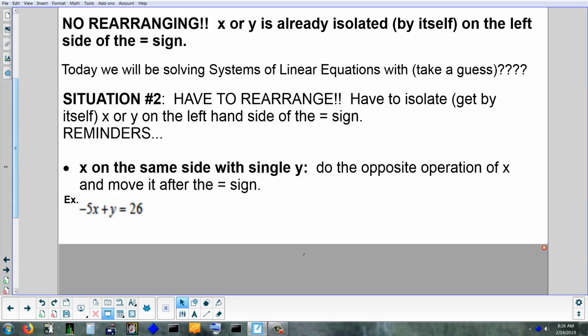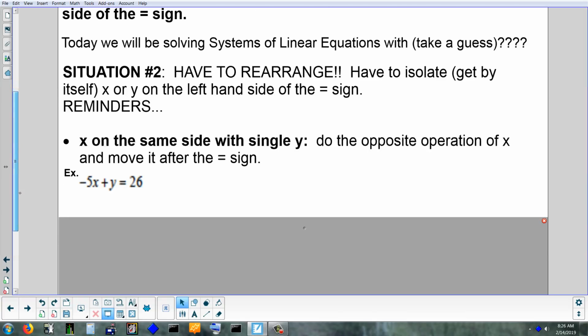If you had a positive, what would be the opposite operation? Negative, subtraction. What if you had a negative number? What's the opposite operation? Positive, addition, right? So you do the opposite operation to X, and we put it on the other side.